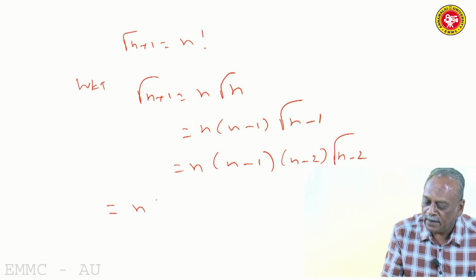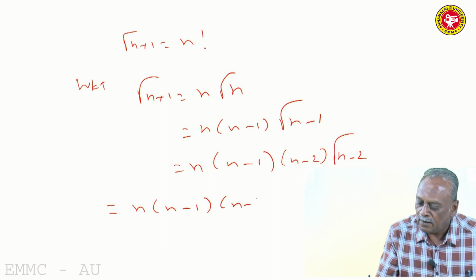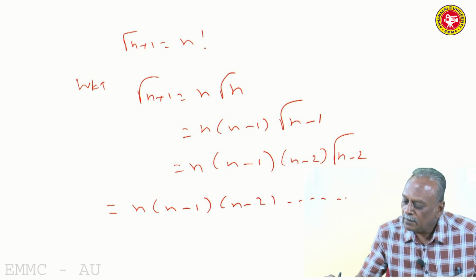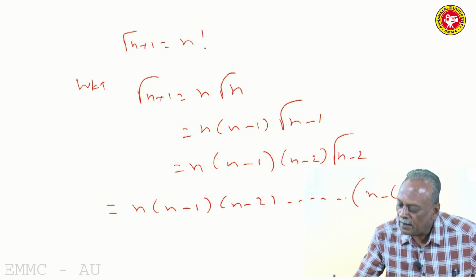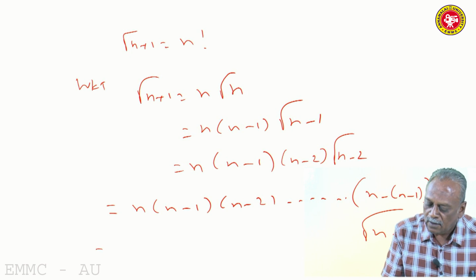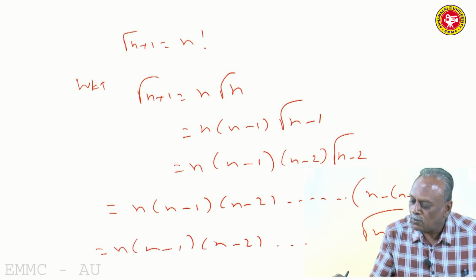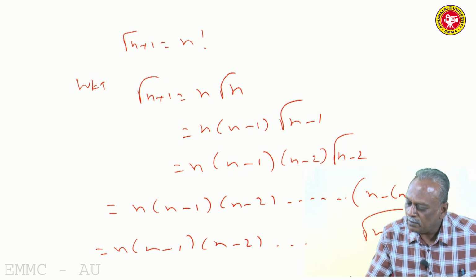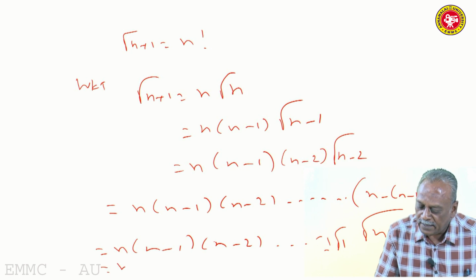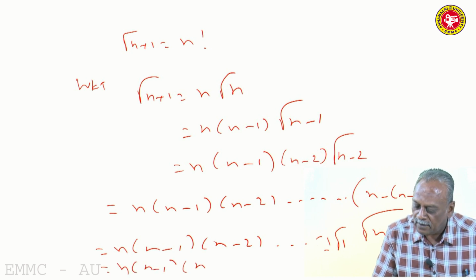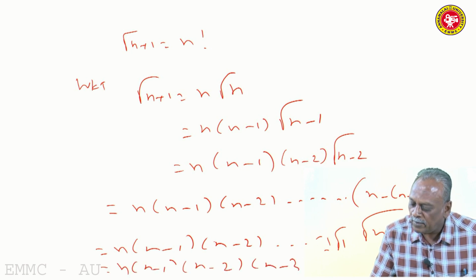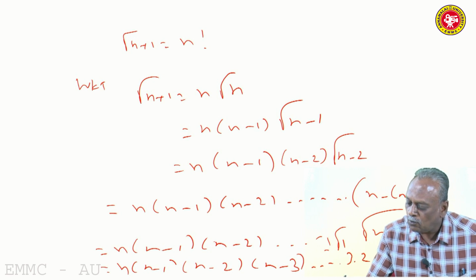Proceeding this way, n into n minus 1, n minus 2 and so on, the last term will be n minus 1 becoming 1 and gamma 1, that is n into n minus 1, n minus 2, n minus 3 and so on down to 1.